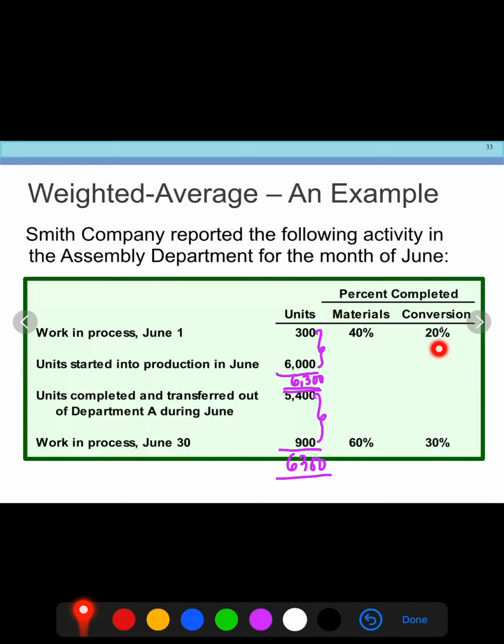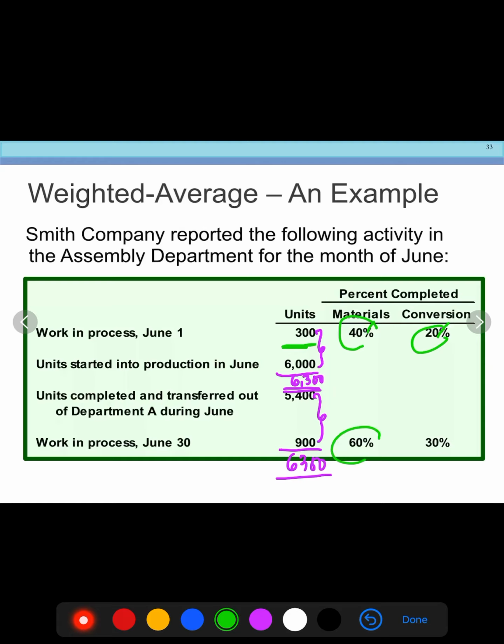Let us also give attention to the percentages available here. So what is the significance of the percentages here? Ang sinasabi lang dito, class, is that the 300 in process on June 1, in terms of its percentage of completion, 40% is completed based on materials and 20% completed based on conversion cost.